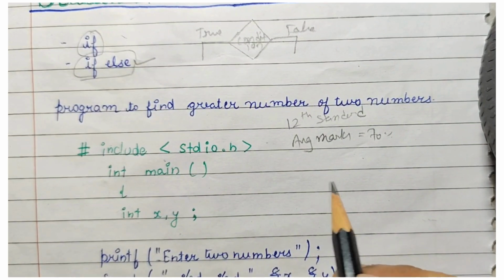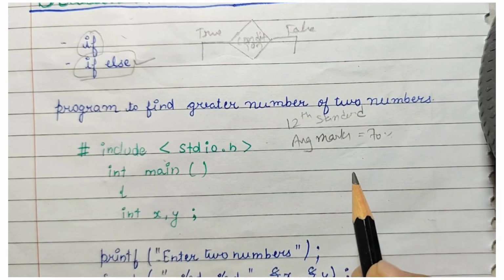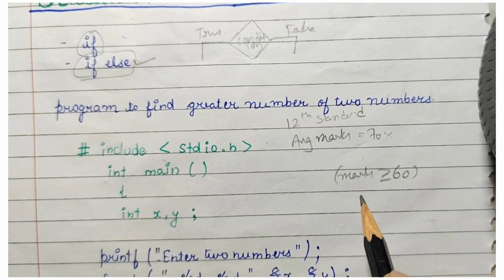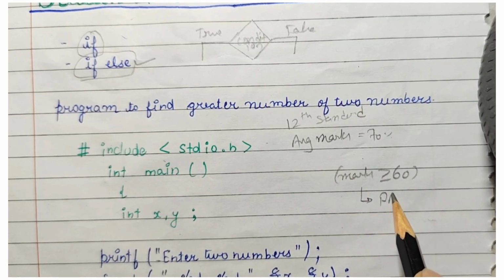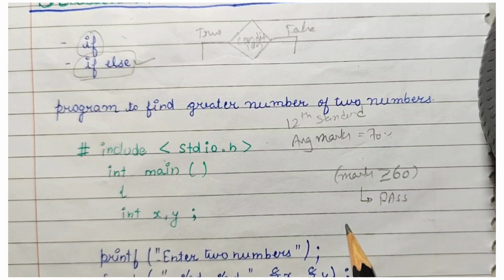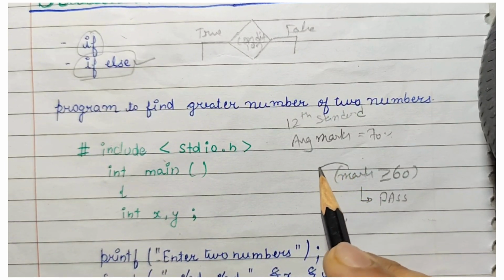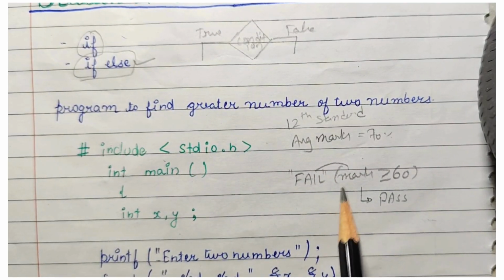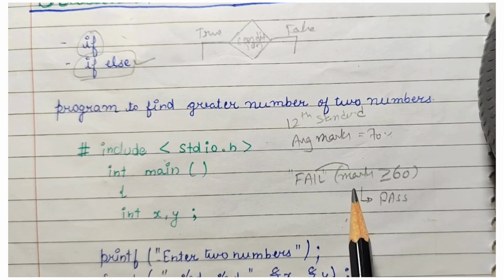Now here I make some decision. If the student has average marks greater than 60, then he or she will pass the exam. And if this condition evaluates to false, then the student will fail the exam. Depending upon the marks, we take some decision.